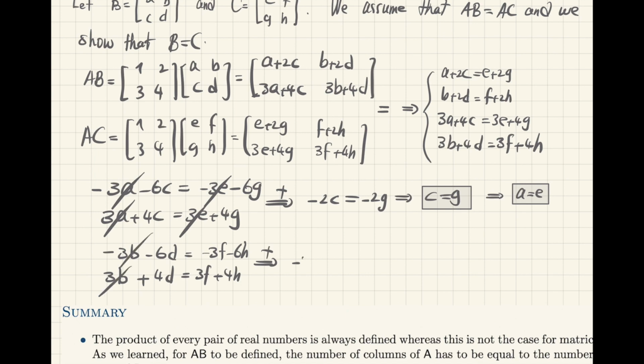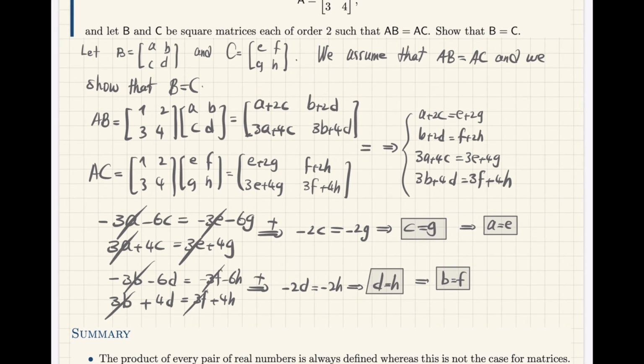This is gone, I get minus 2d equals, this one and that one are gone, minus 2h, and then again I get that d is equal to h. Now that d is equal to h, I go, for example, here, 2h is also equal to 2d, and then it gives me that b is equal to f. Okay, I hope that this is enough.